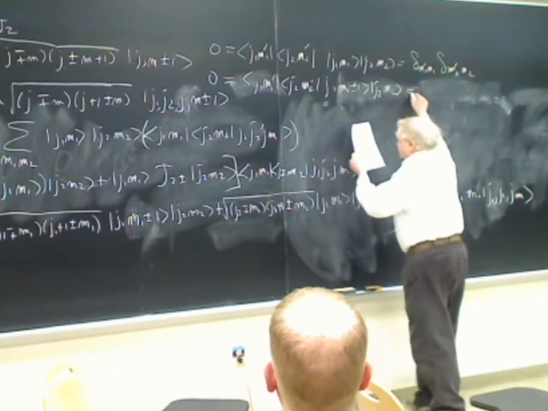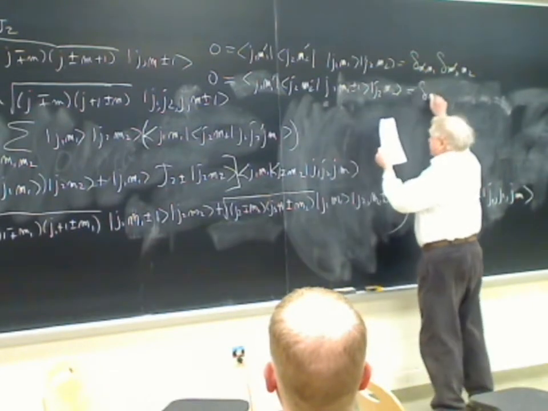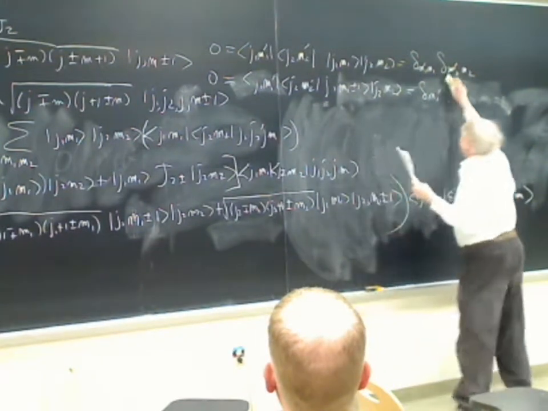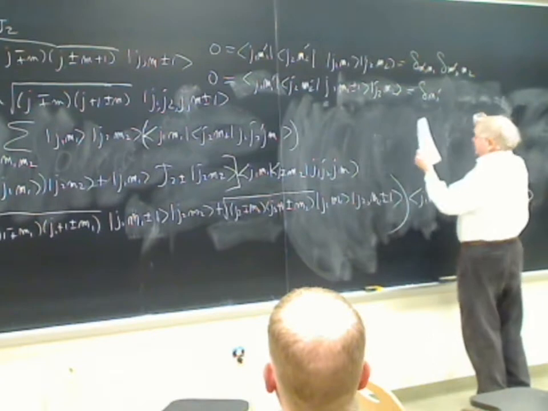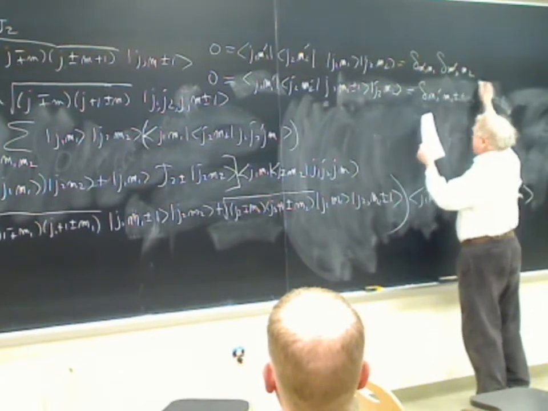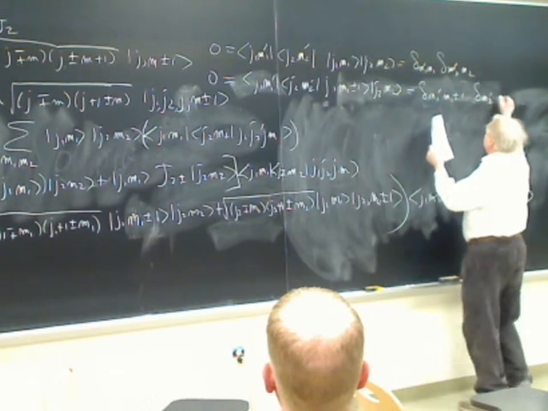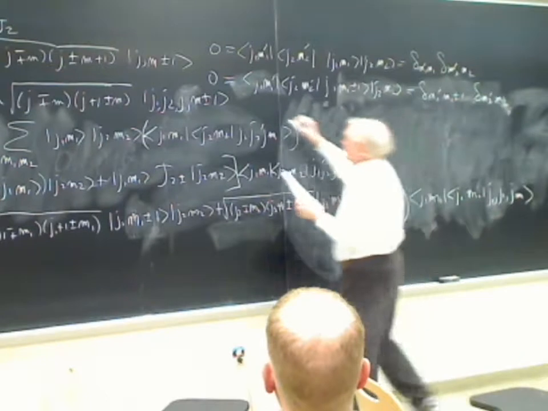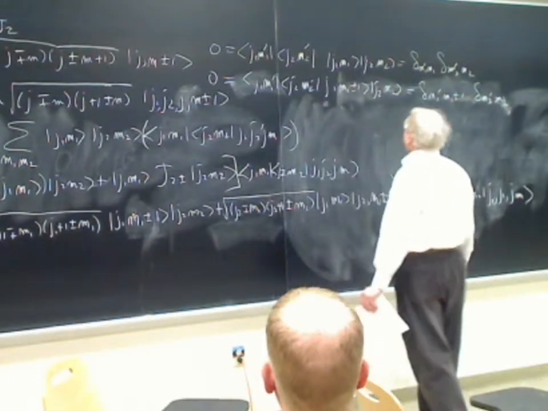This thing is going to be delta m1 prime, m1 plus or minus 1, delta m2 prime, m2. And similarly, so let me just see if I've got that right.